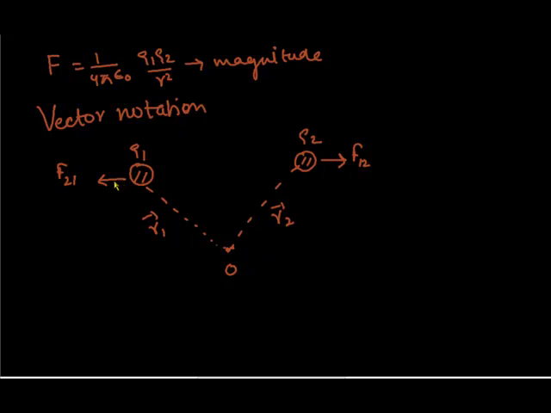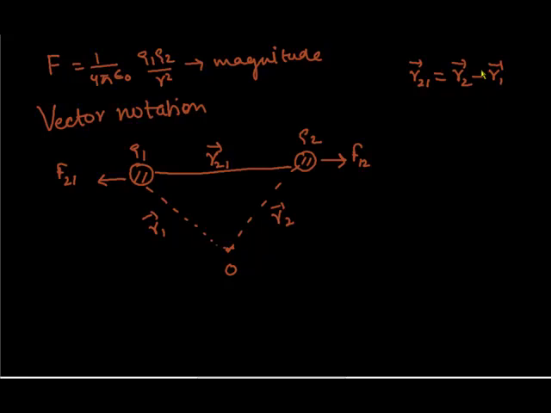Let us denote the vector leading from charge Q1 to Q2 as R21, so that R21 is equal to R2 minus R1.